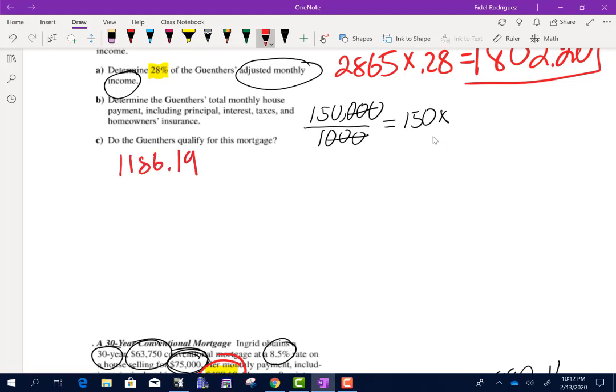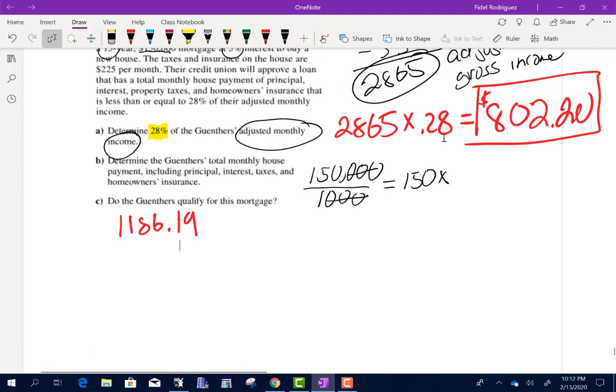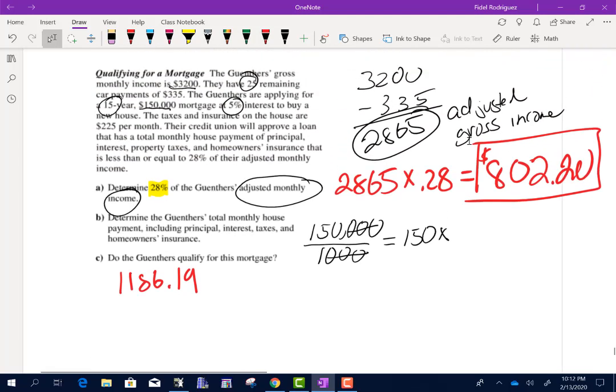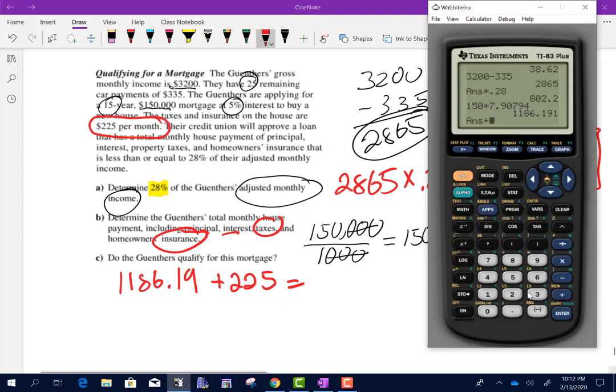So guys, remember, what we just found was the principal and interest. It still asks me to find the taxes and the homeowner's insurance, and it tells me that's another 225. So I need to add that to that number now. So now I end up with 1411 and 19 cents.